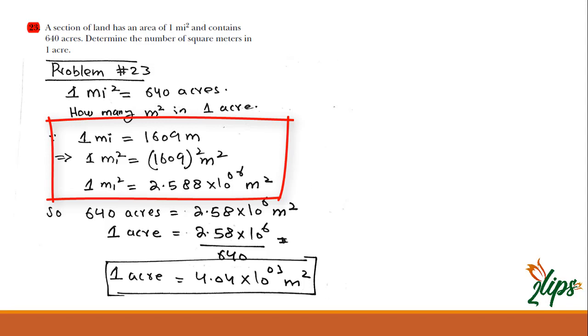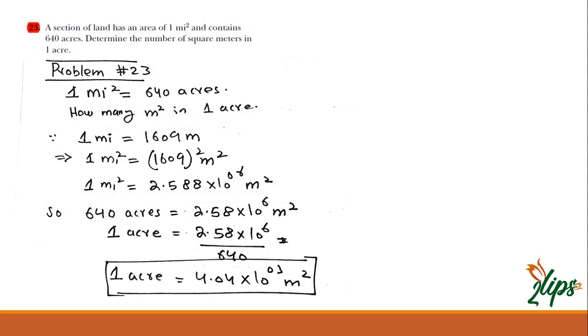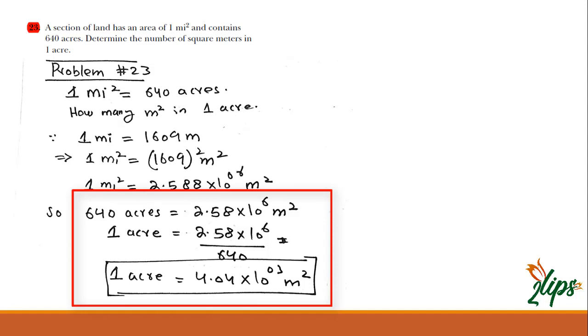Since it is given in the question that 1 mile squared contains 640 acres, in the place of 1 mile squared I can put 640 acres. So 640 acres is equal to 2.58 times 10 raised to power 6 meters squared. This expression gives the relation between acres and meter squared.